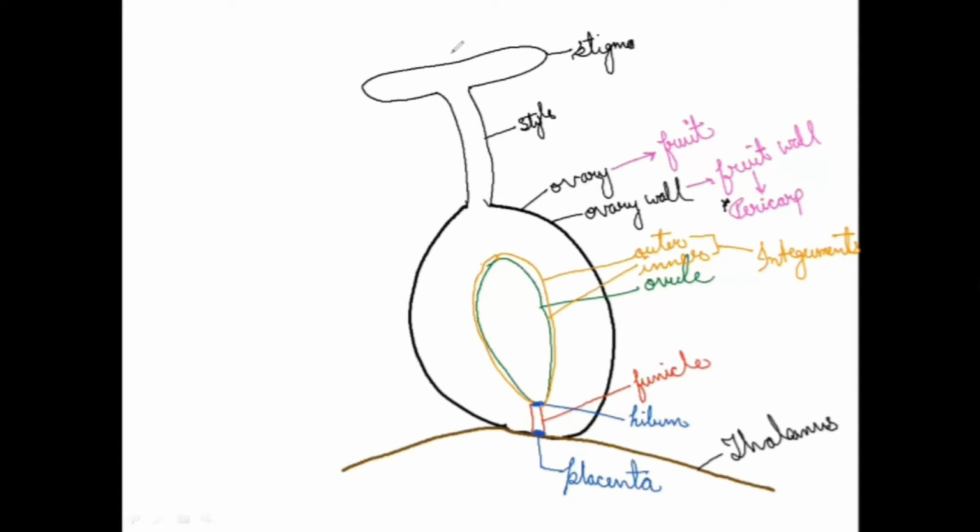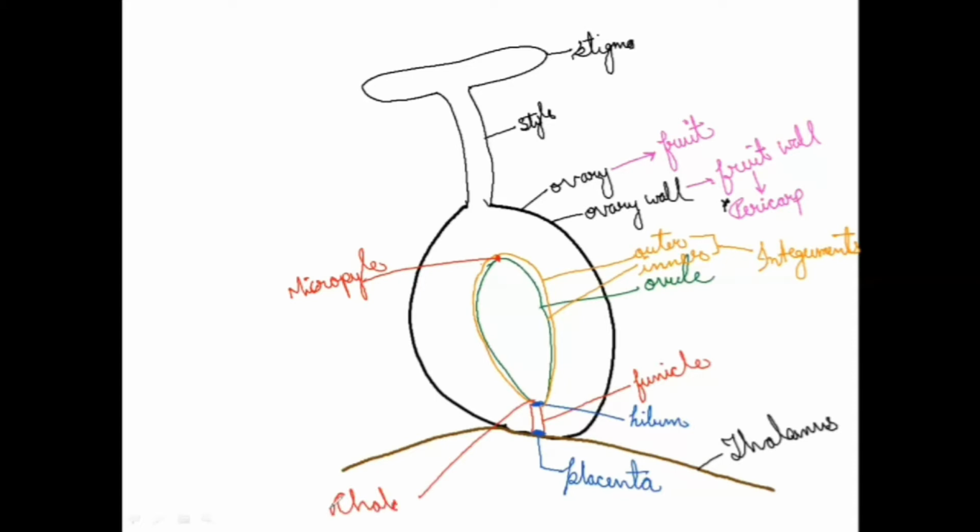Now, these integuments are absent at a point here on the ovule. This point where the integuments are absent is known as the micropyle, and the point just opposite to the micropyle is known as the chalaza.